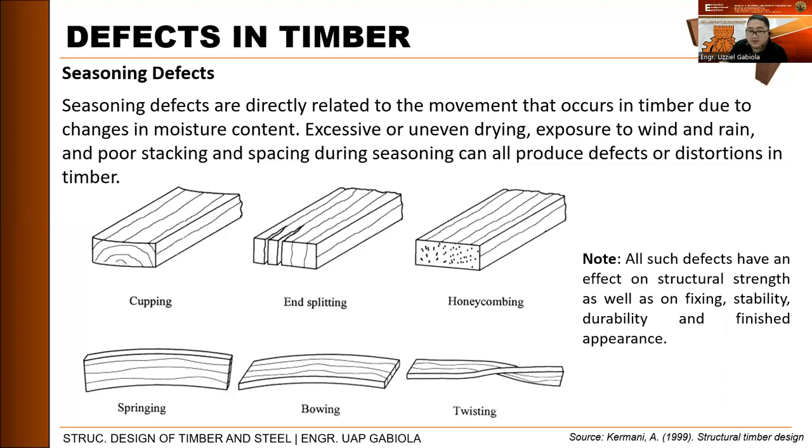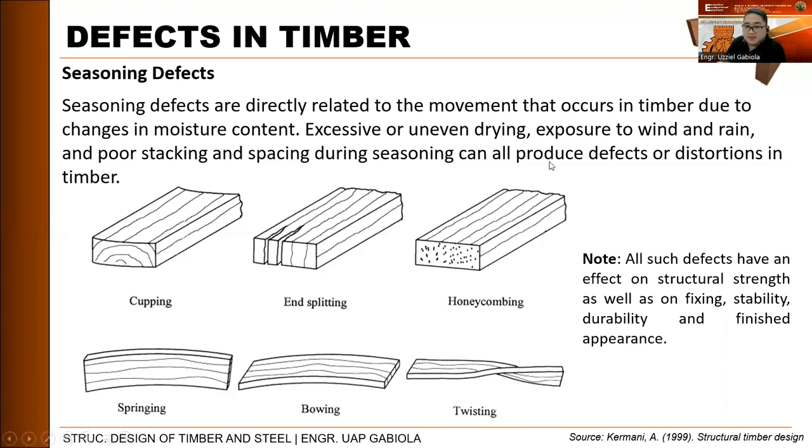Minsan naman, may awang siya kasi nag-shrink siya due to very cold temperature. Yun yung ilan sa seasoning defect in timber. So all such defects have an effect on structural strength. Lahat ng defect na pinag-usapan natin, it always affects the strength and capability ng timber natin to withstand forces in the future.